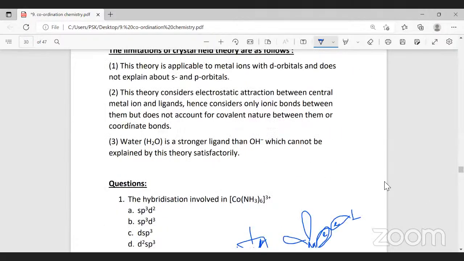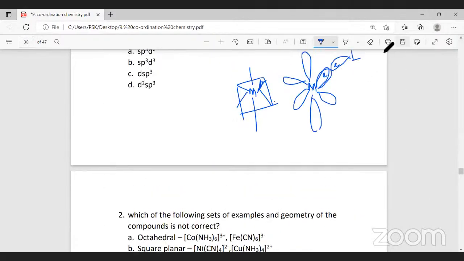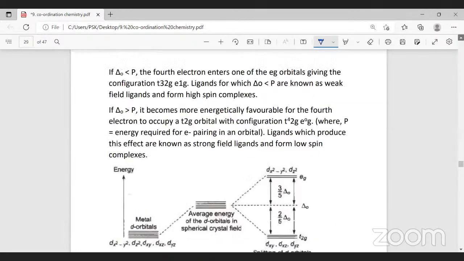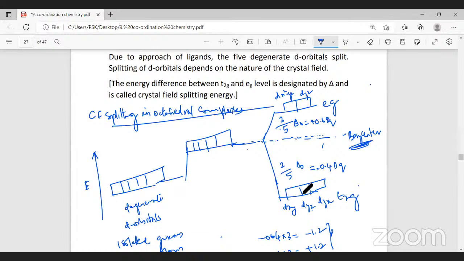But if the ligand orbital approaches in between the metal orbitals, there is not much repulsion. Since there is not much repulsion, the energy will decrease. That is why there is a decrease in energy.